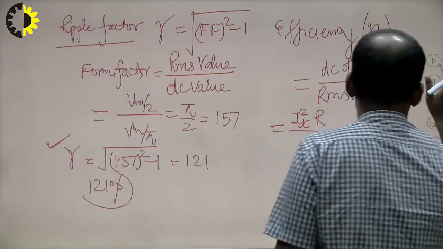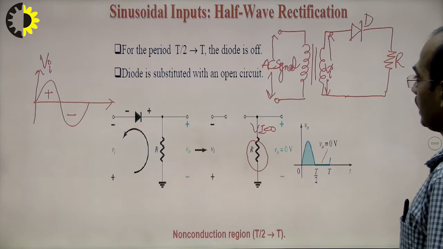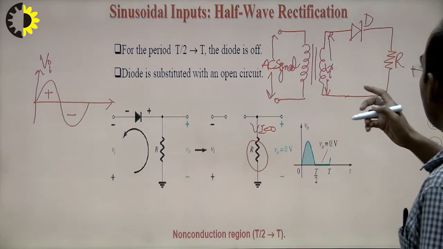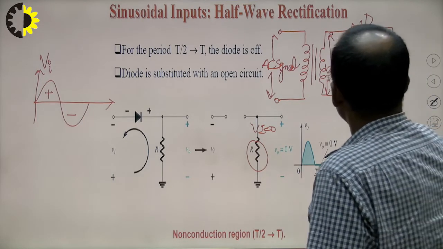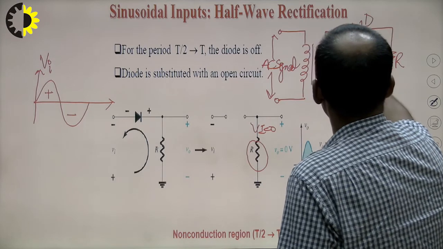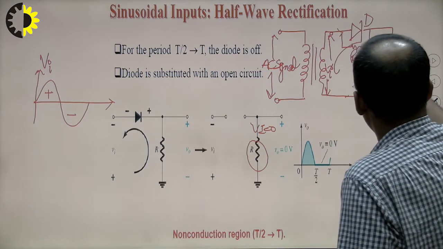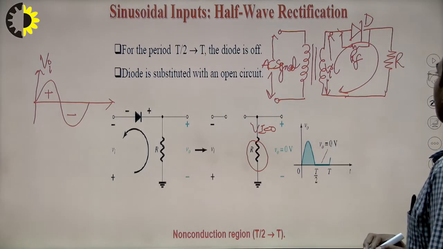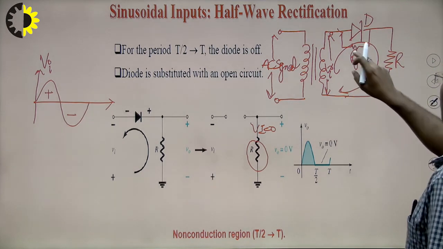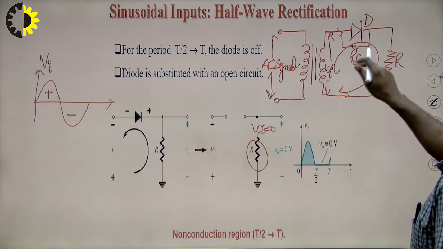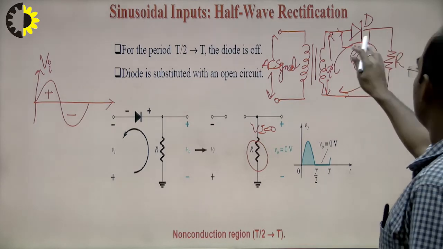What will be the AC input power? In case of AC input power, I have to take the RMS value of the current. So, if I am considering this circuit, what will be the input power? If I consider the forward resistance of the diode is RF, then the AC input power will be IRMS square multiplied by this plus this resistance, because if I consider the forward resistance of the diode, then this diode will be connected in series with this load resistance.